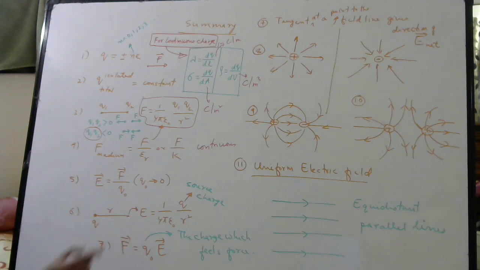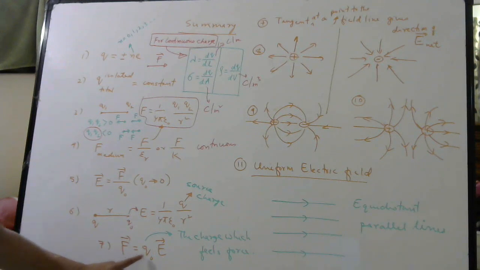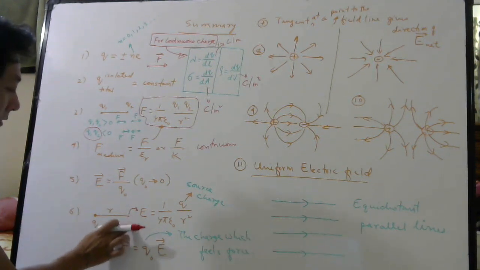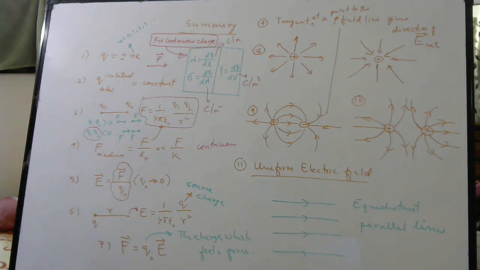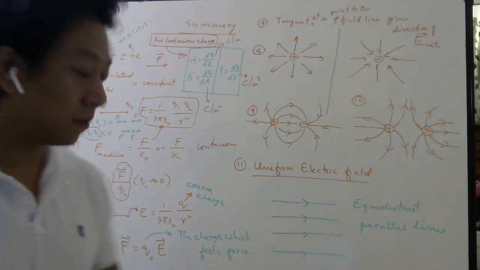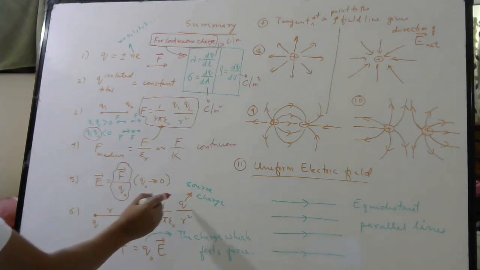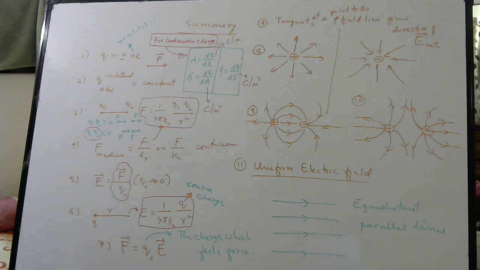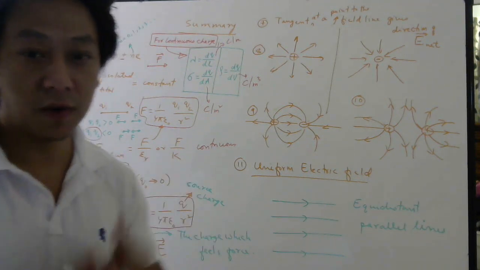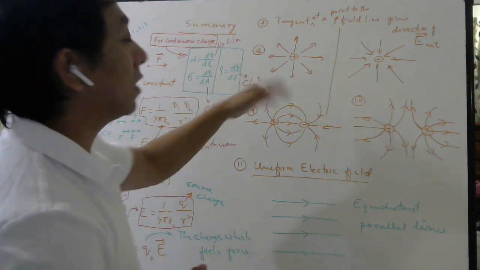Then if you keep here some charge q naught, then the force on that charge will be q naught into E. Because from the definition of E we know it is force per unit charge, matlab force on 1 coulomb. So if you put q naught, the force will be q naught into electric field, and this formula is only for a point charge. For line charge and ring of charge we have already seen so many variety of formulas. Then we spoke about electric field lines.